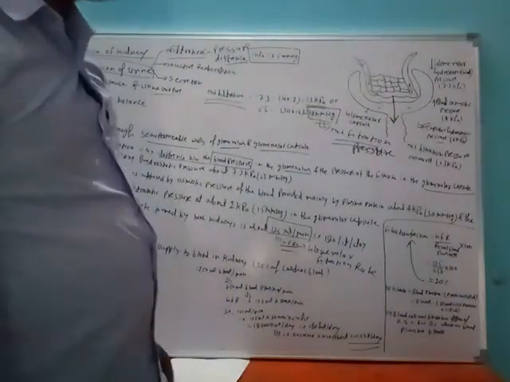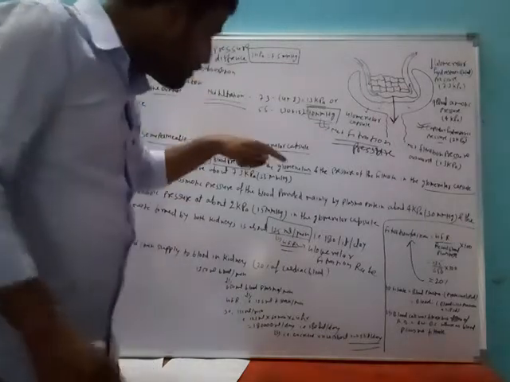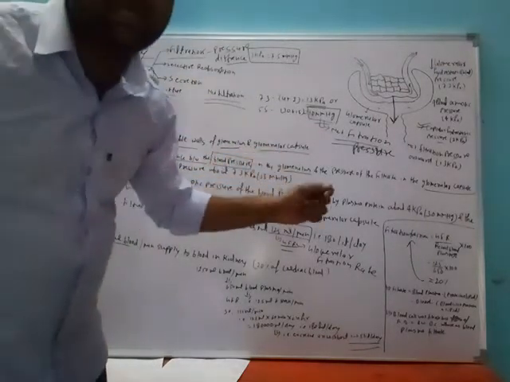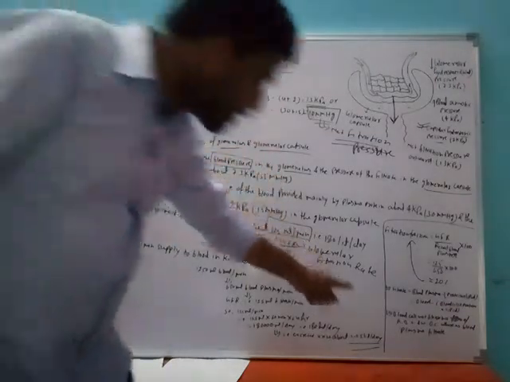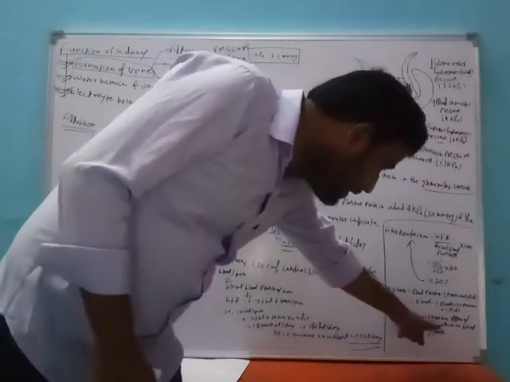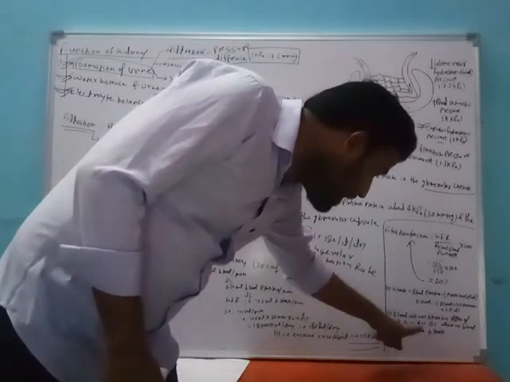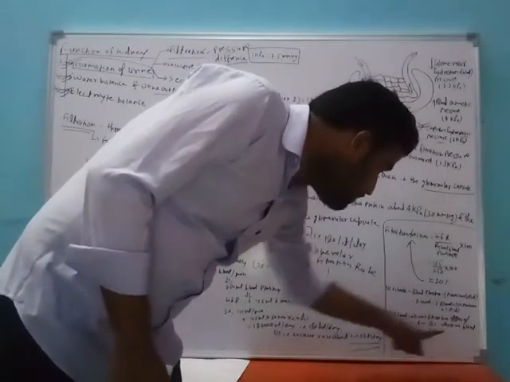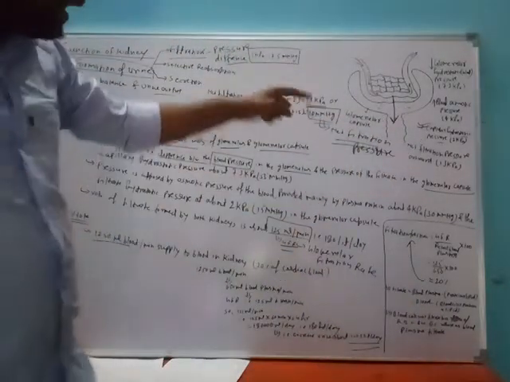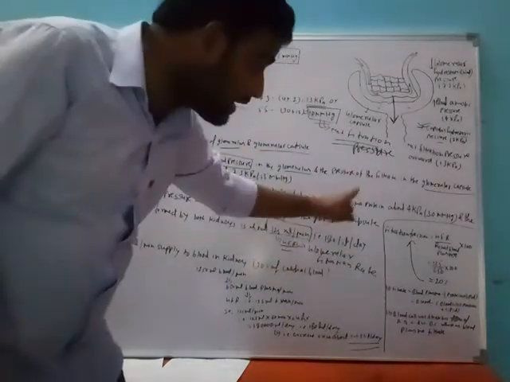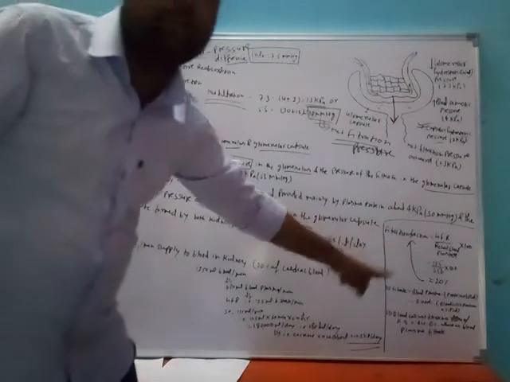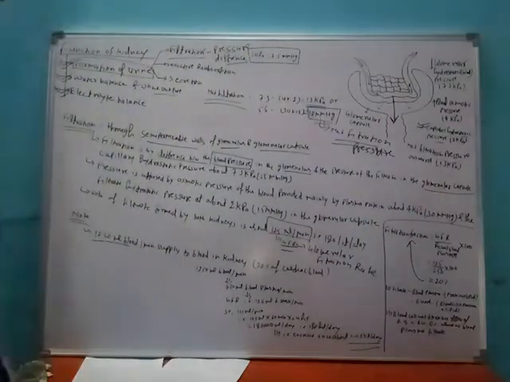In the filtration process, why do blood cells not pass into the filtrate? Because of the presence of RBC and WBC, blood cells are not filtered, whereas blood plasma is filtered. Only blood plasma is filtered, not RBC and WBC materials.